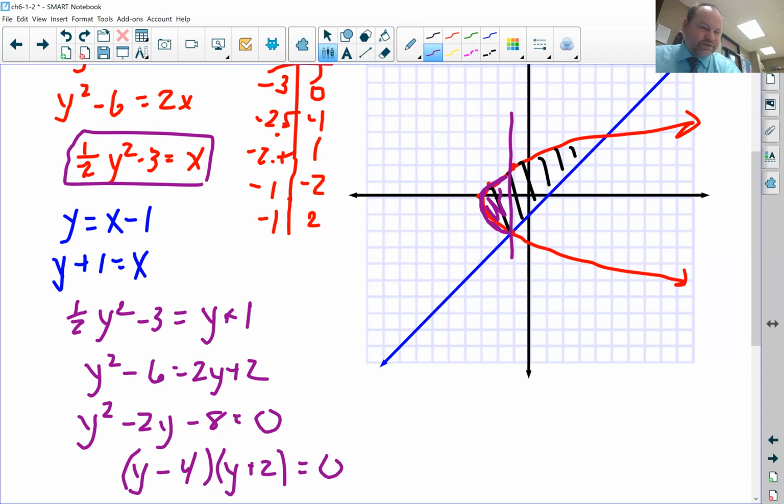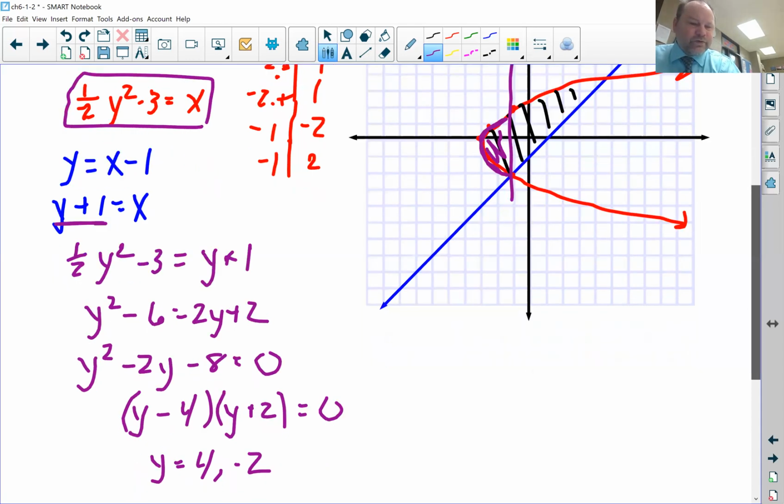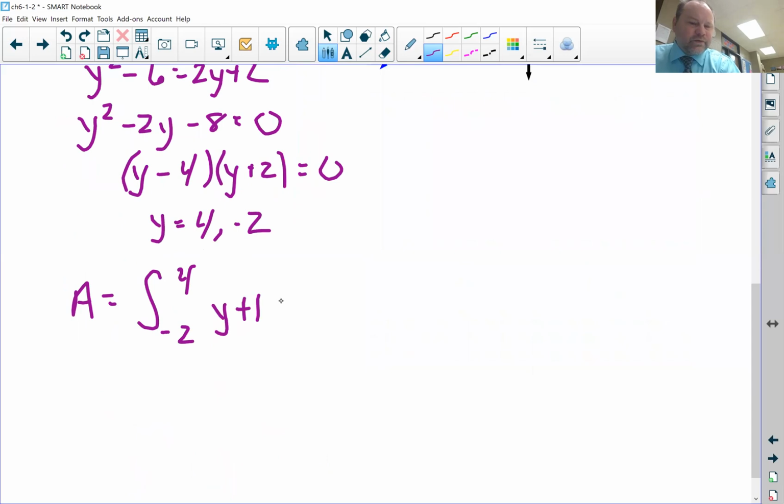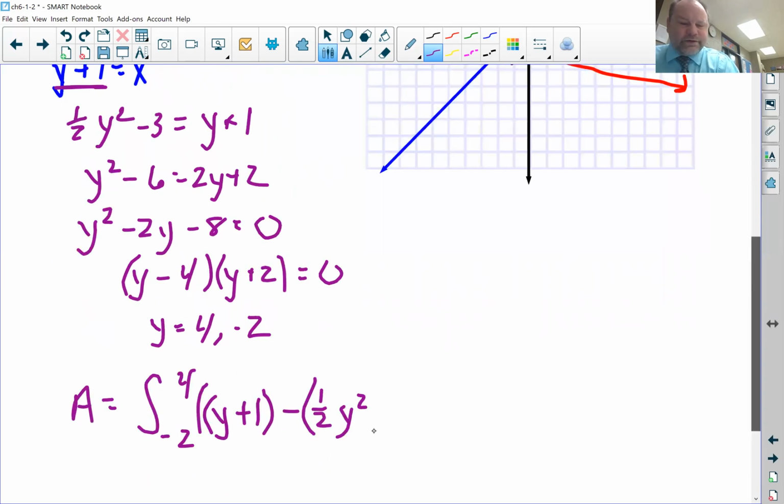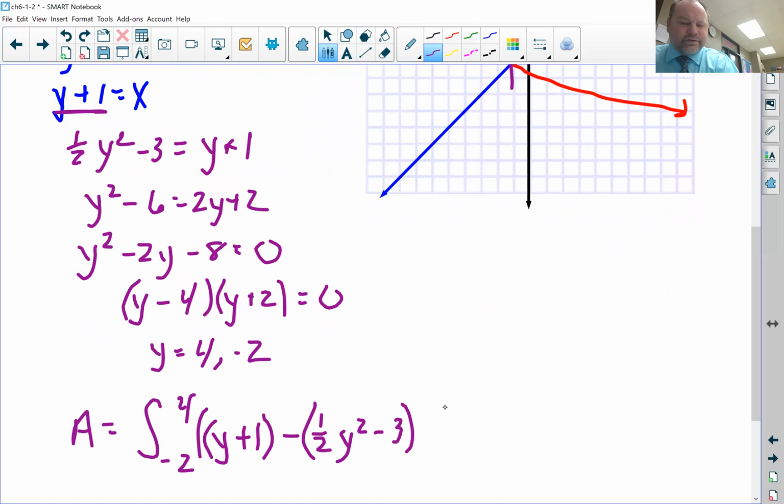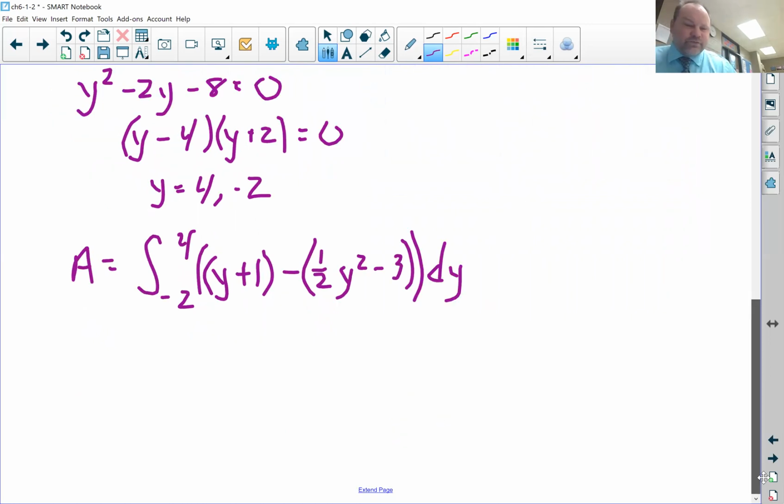So this is my larger function. And it's in terms of y.